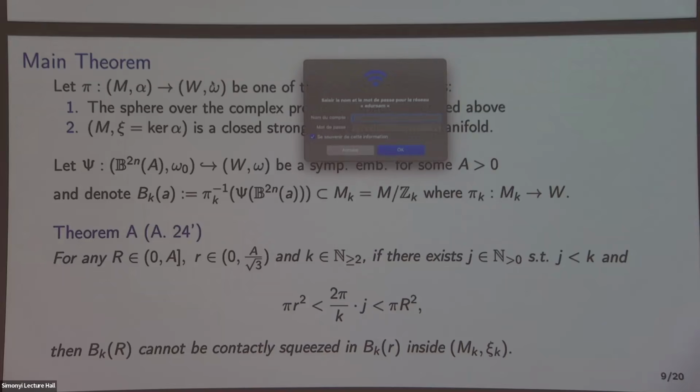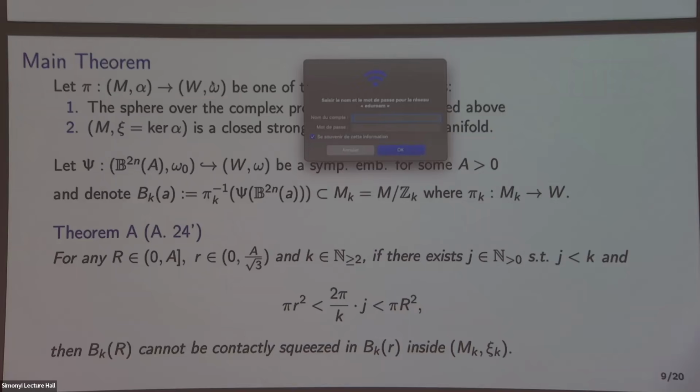For balls with radius here, I know that I cannot squeeze this kind of ball inside balls here. But if K becomes greater and greater, then I have more and more multiples of 2 pi over K. So a ball which is here is not the same as a ball which is here, which is here. I can distinguish more and more balls. This is why I was saying that the more K becomes big, the more you can do precise measurements.